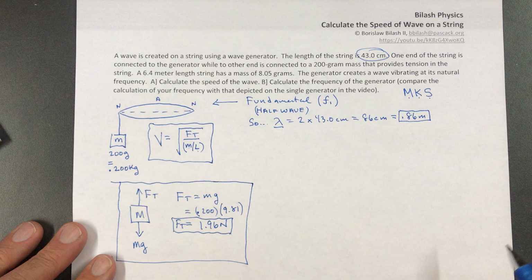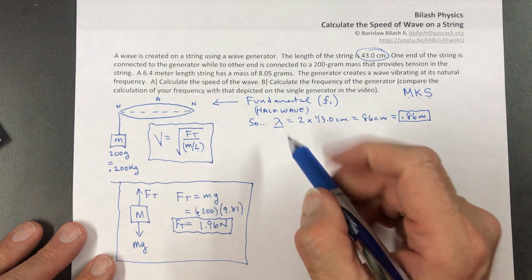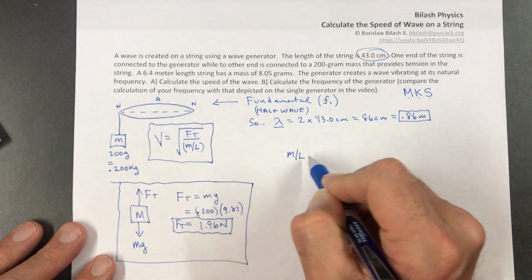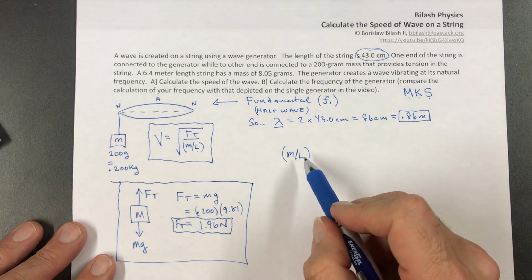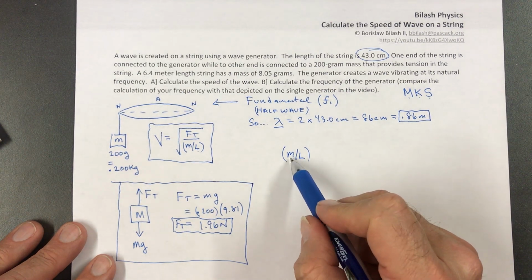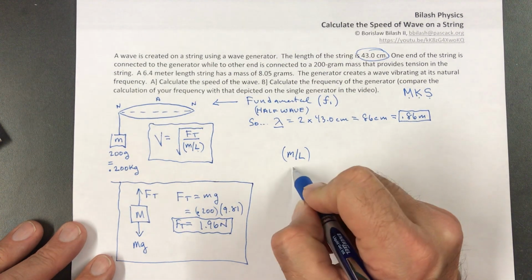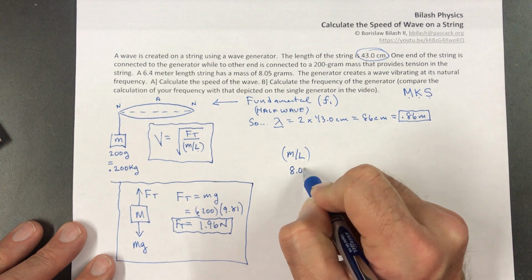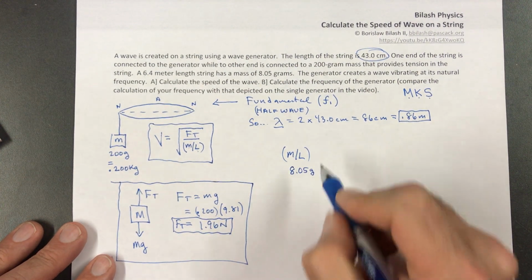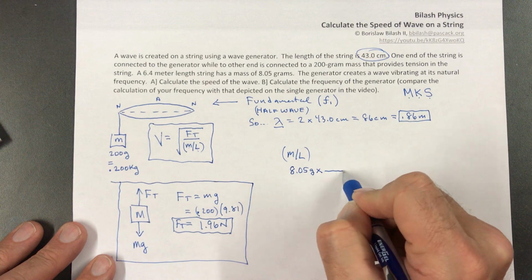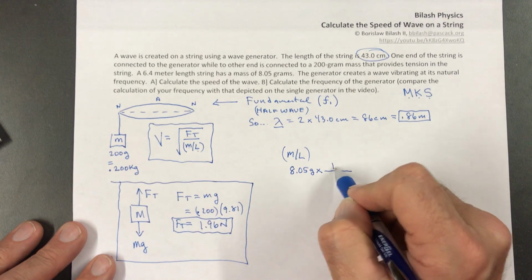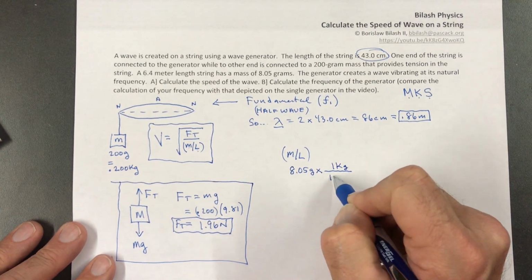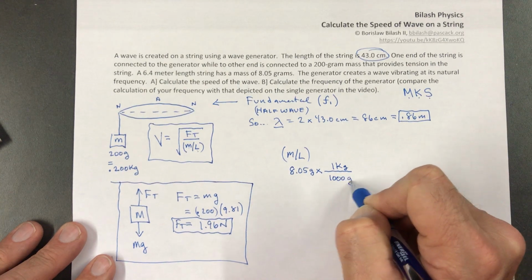Okay, so now let's deal with this m over L. What is that? Well, for me to figure out what the mass is, I need to make a conversion because I'm told that we have 8.05 grams. So let's multiply that by 1 kilogram over 1,000 grams.